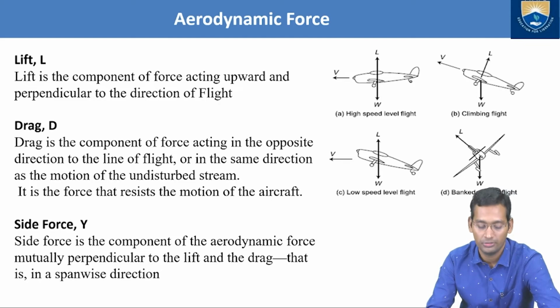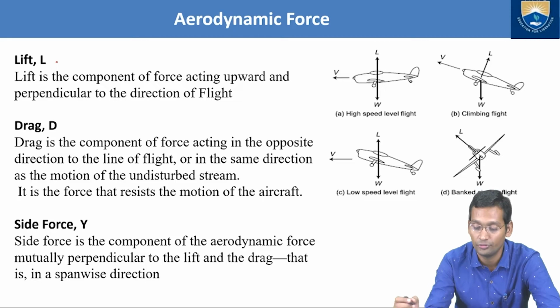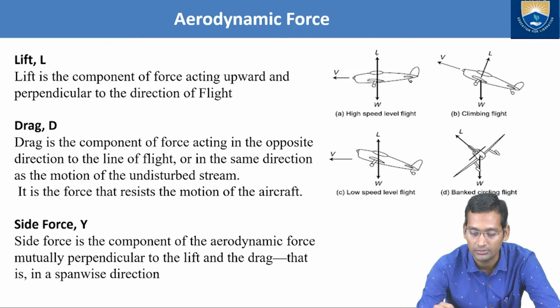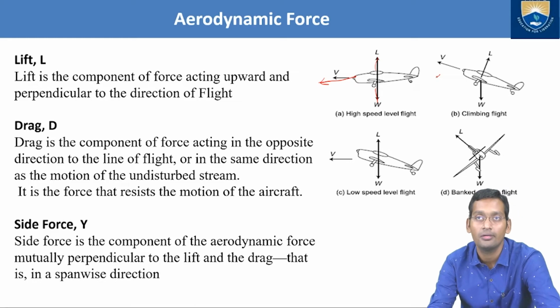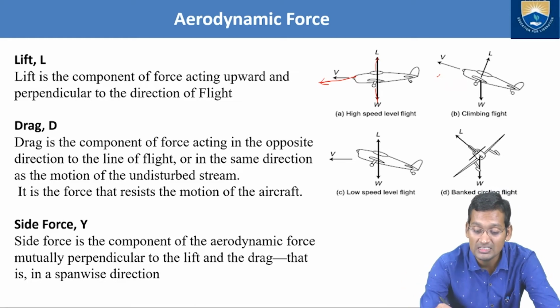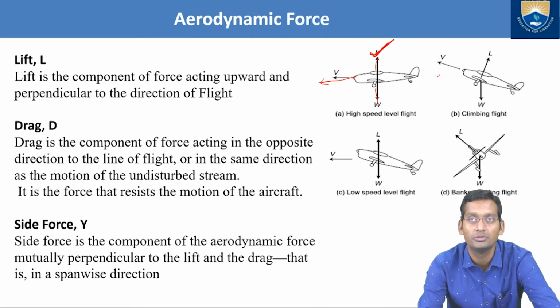Now the aerodynamic forces. First one is lift. So let's see lift here: lift, weight, velocity. It's moving, and another force acts backward, that is called the drag. This lift force helps to move the aircraft up.